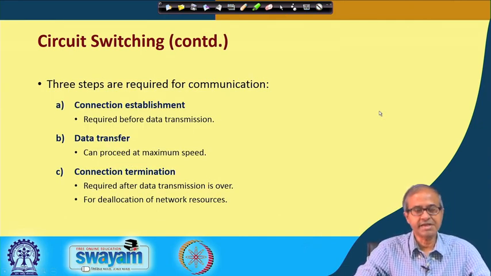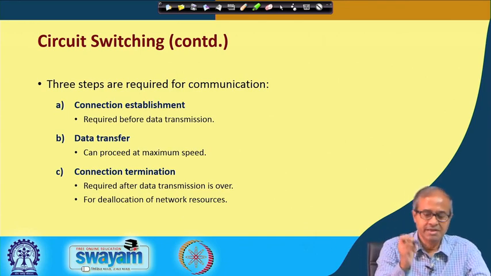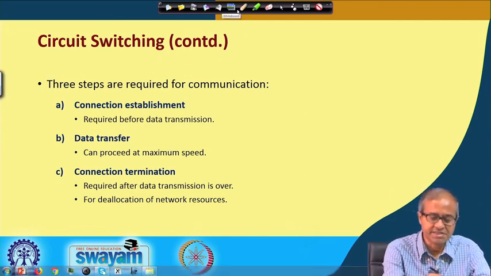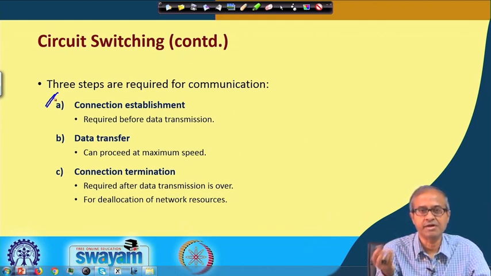So, in circuit switching, because we have a path to be established between the sender and receiver before you can actually start the communication, there are broadly 3 steps that need to be followed. The first is clearly a step of connection establishment, just like when you are dialing a telephone.